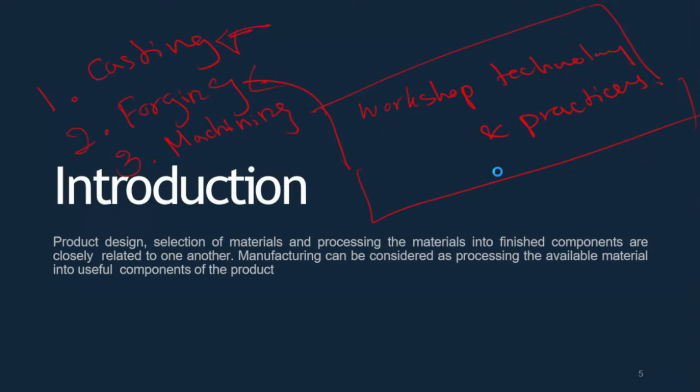So actually, manufacturing is converting raw materials into useful components. We take some raw material and use this manufacturing process to get a final product.